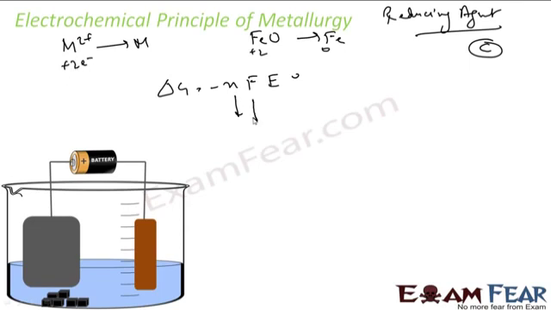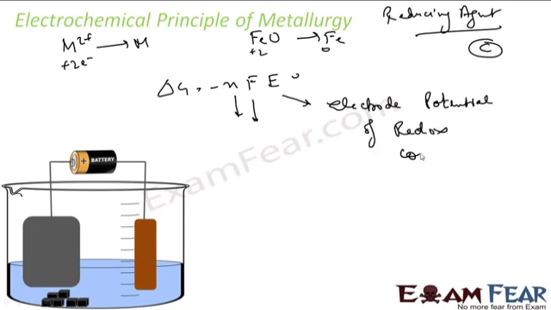F is my Faraday constant, and E naught is my electrode potential of the redox couple. So the delta G we can also supply using this charge, and that's why if you add electrons you can reduce the metal oxides to metal form.